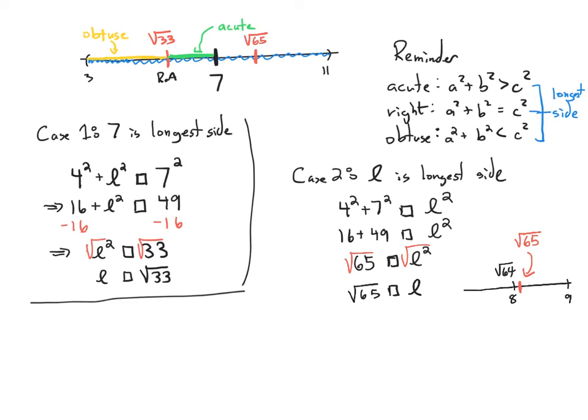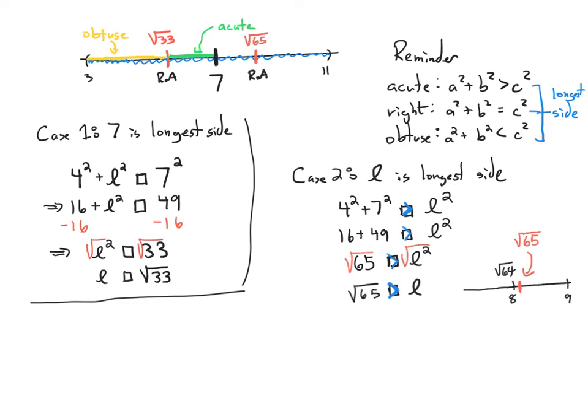And we can play the same game. If we had an equal sign all the way down, then we'd be doing the Pythagorean theorem. We'd be solving for that longest side. So when it's exactly square root 65, we have a right angle triangle. All right, if we were doing the acute Pythagorean inequality, we would have a greater than symbol, like I'm putting in now.